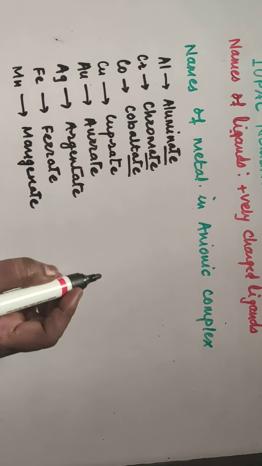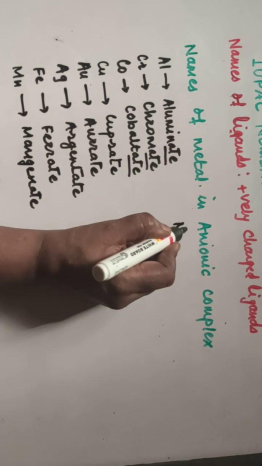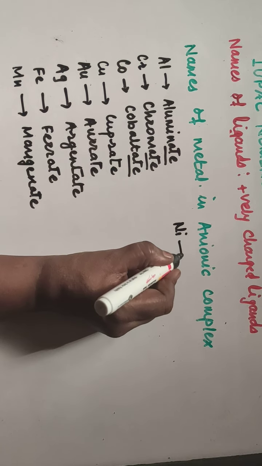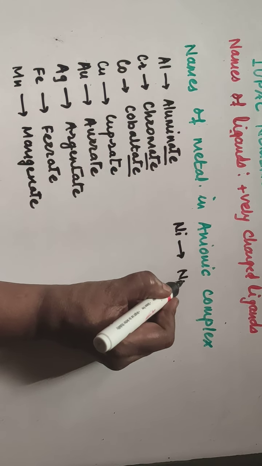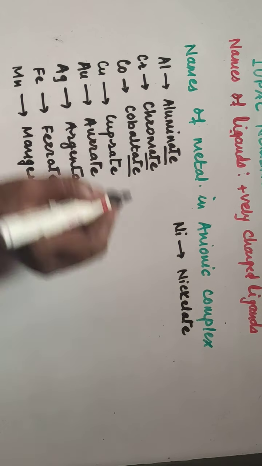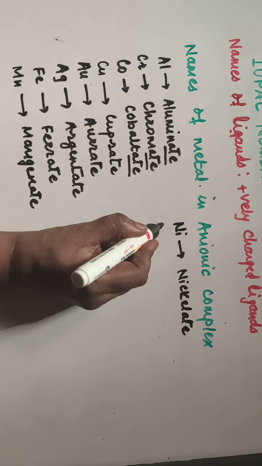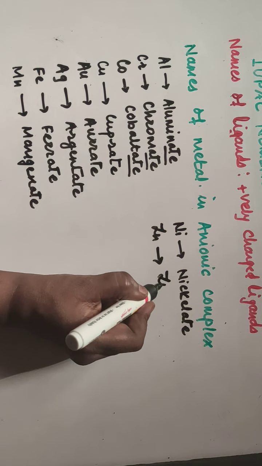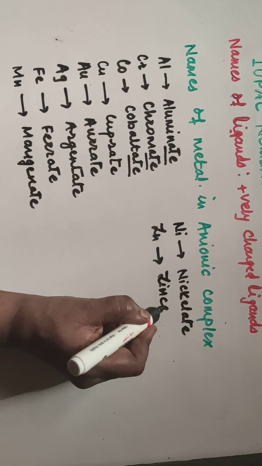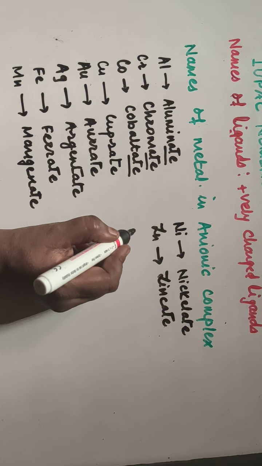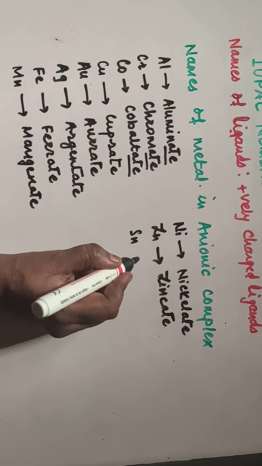Then one more is there, I'll write here, Ni. Original name is nickel, but in anionic complex it is nickelate. Then Zn. It is zinc, but here in this case it is zincate. Then we'll go for tin, Sn.